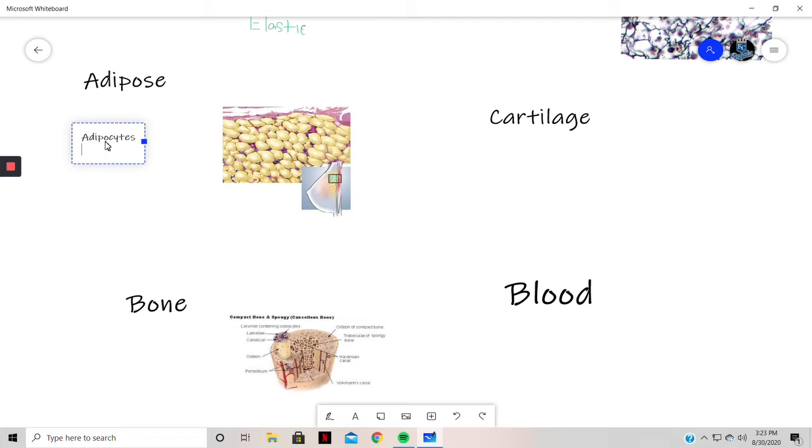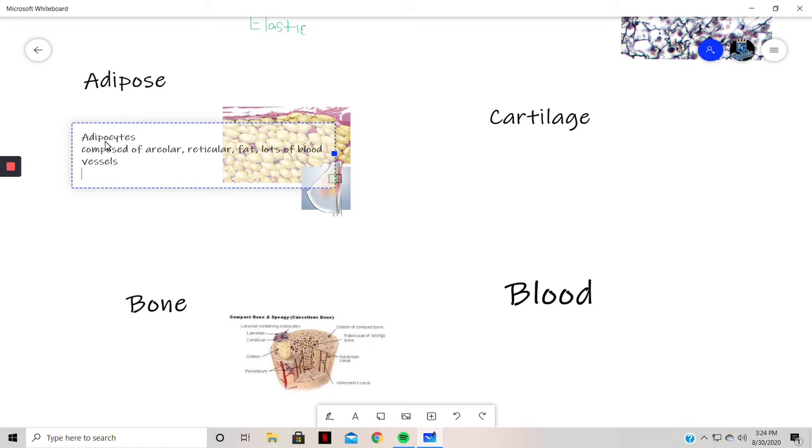And it's composed of areolar and reticular tissue, along with, of course, fat and lots of blood vessels.